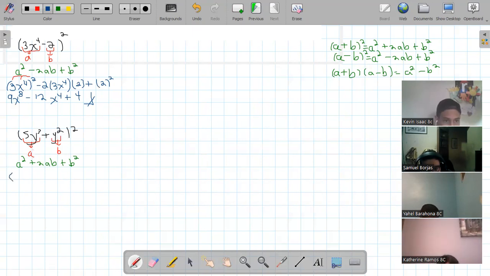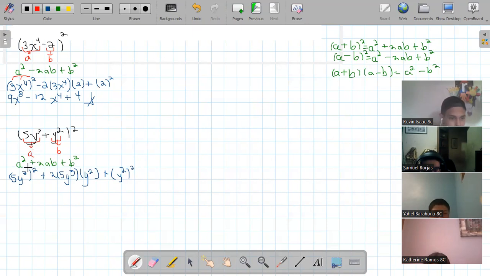So we're gonna have A is 5y to the cube, and that will be affected by the square, plus 2 times 5y to the cube, okay? Times B, and B is y squared, plus y squared to the square, because B is y squared, so y squared to the square.